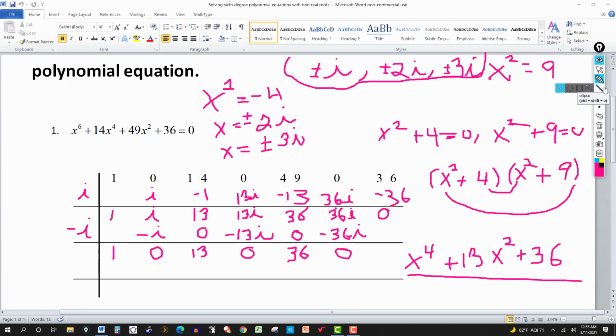So 6 solutions for this 6th degree polynomial equation, and they're all non-real.